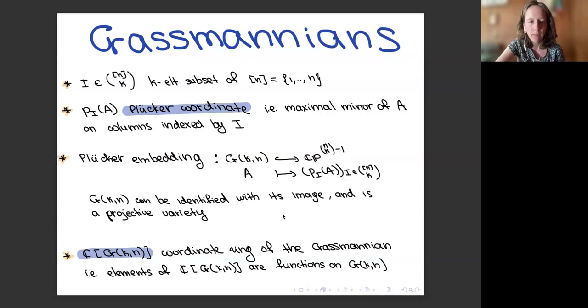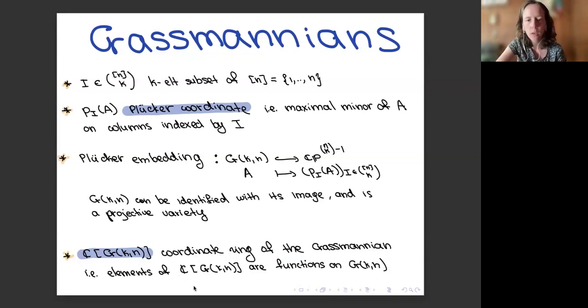Things are well behaved such that the Grassmannian can be identified with its image, and this makes the Grassmannian into a projective variety. So it has some more nice structure: it's not just a set, it has some geometry as well. And we can talk about the coordinate ring of the Grassmannian.